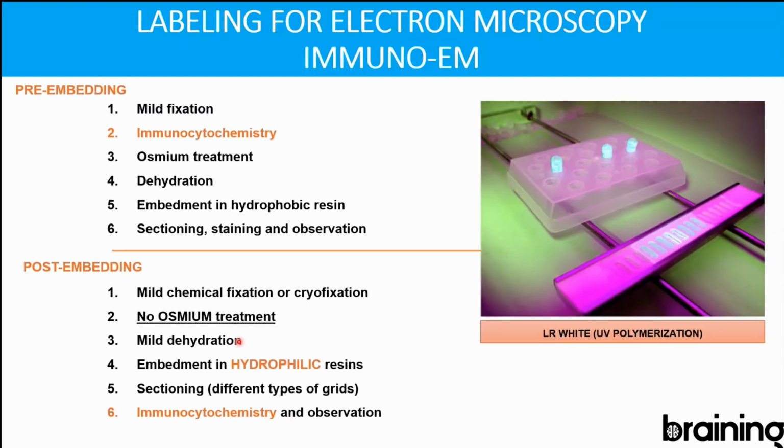To cure these hydrophilic resins, we are not going to use the oven at 60 degrees, because if we use the oven at 60 degrees to cure these resins, we're going to destroy our antigens in the tissue. So in this case, we're going to use this. You see these molds where we have our tissue with this resin, but we're going to use UV polymerization to cure the resin.